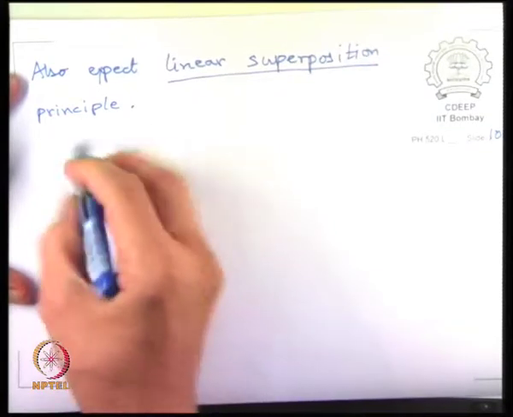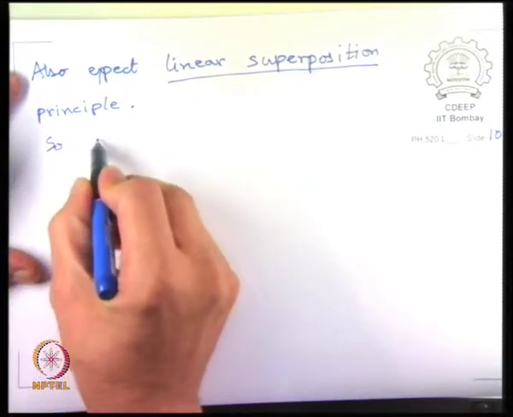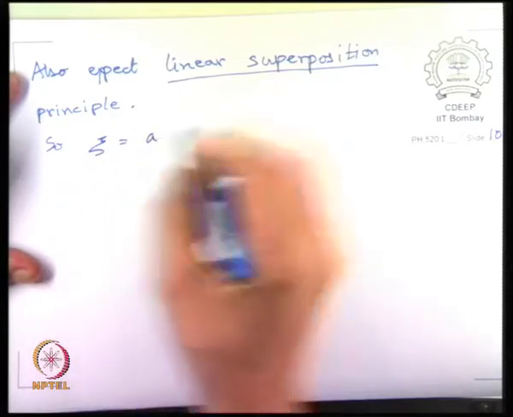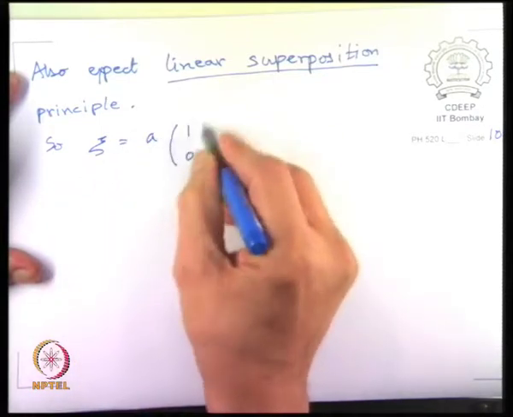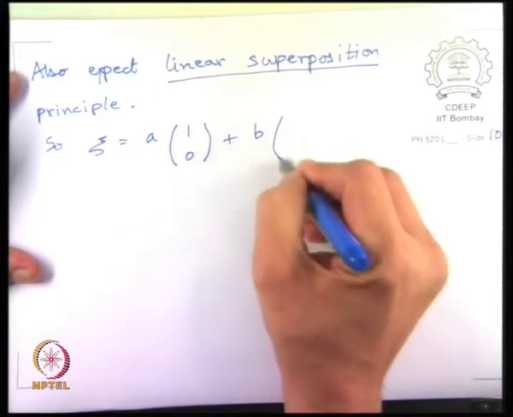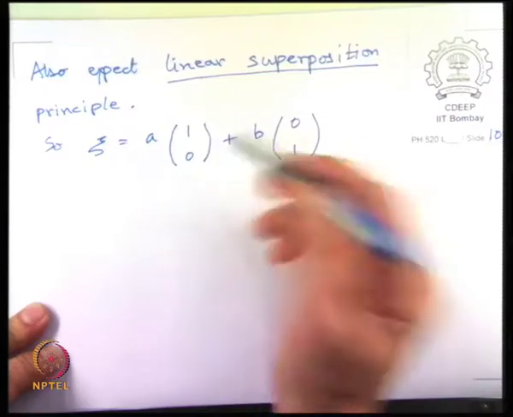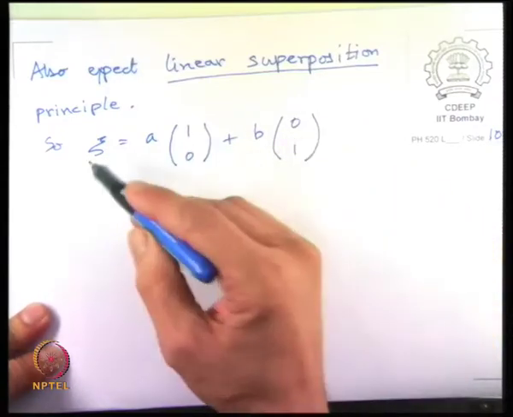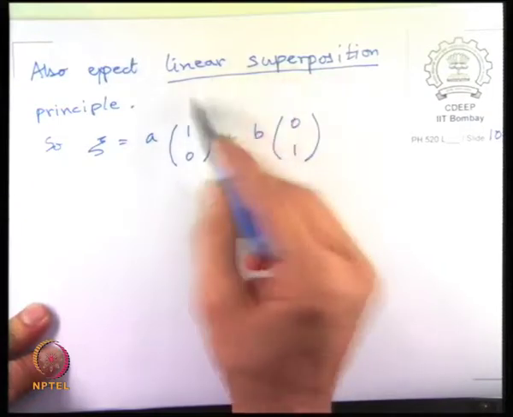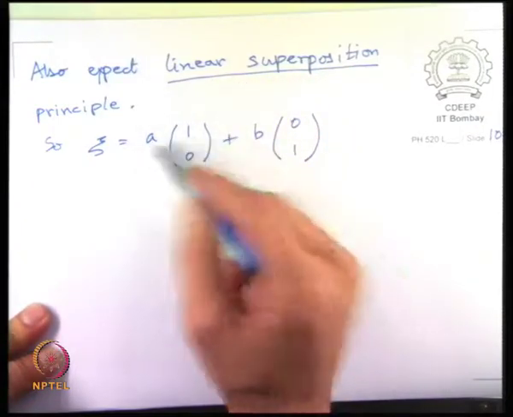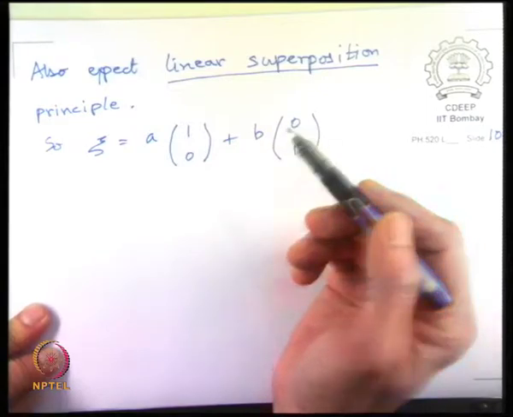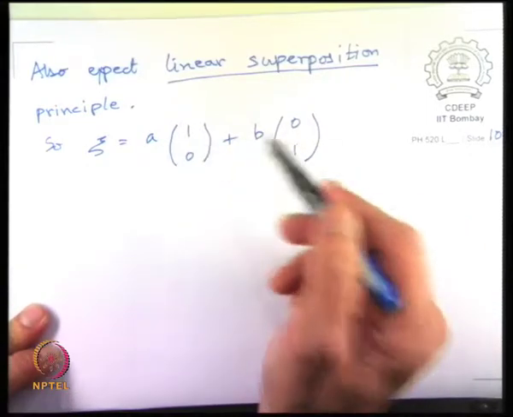So generically, the very crucial thing is, because there is linear superposition, you write vectors. Vectors are linear spaces. So if this state was supposed to be obeying linear superposition, then it should be expressible as a linear superposition of a basis, and that basis, if it is two dimensional, would be just 1 0 and 0 1.